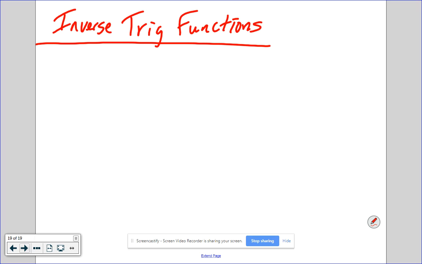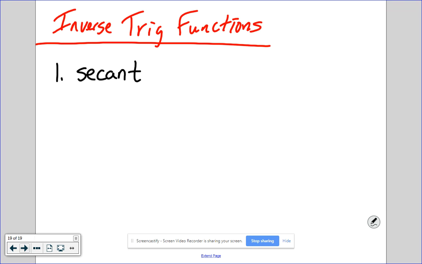So, when you are doing trig, there are actually 6 trig functions. There are our 3 base ones, sine, cosine, and tan, and then the 3 inverse trig functions: secant, cosecant, and cotangent. The first one we're going to talk about is secant.